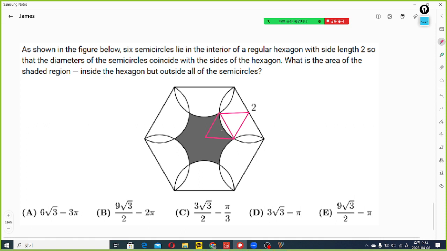So these are two equilateral triangles. So find the sum of these two equilateral triangles and subtract this sector. That will give us 1/6 of the area.